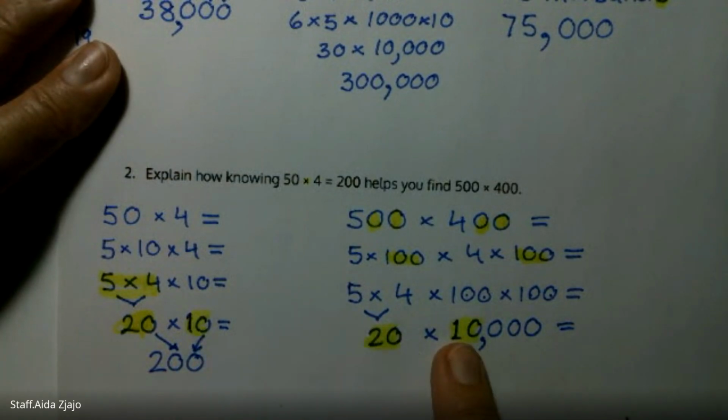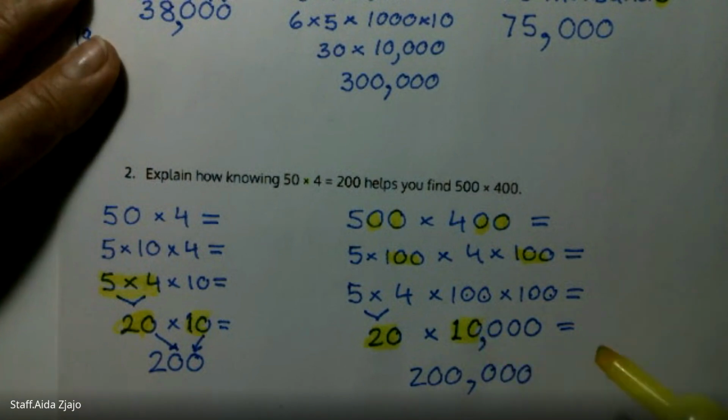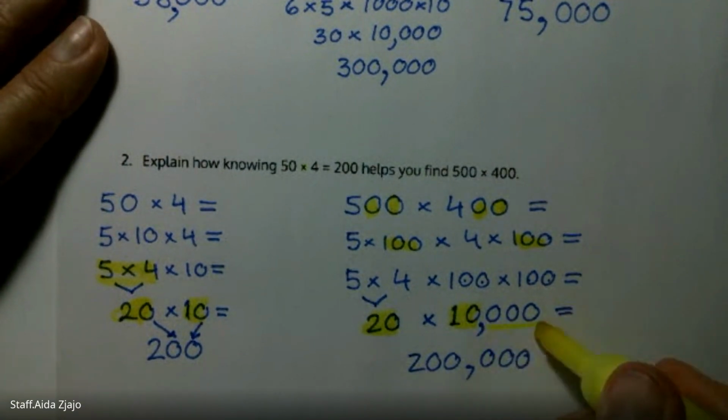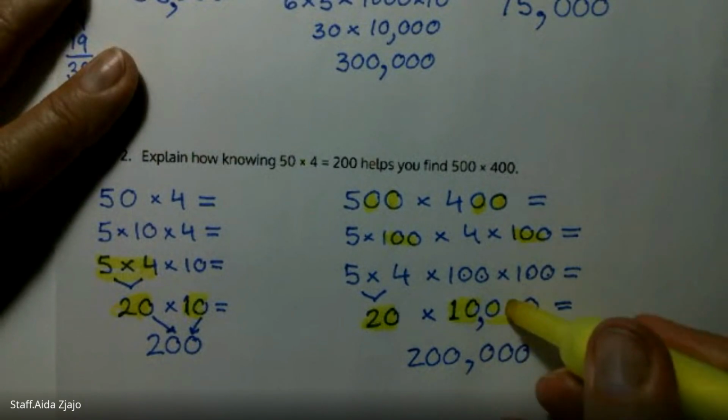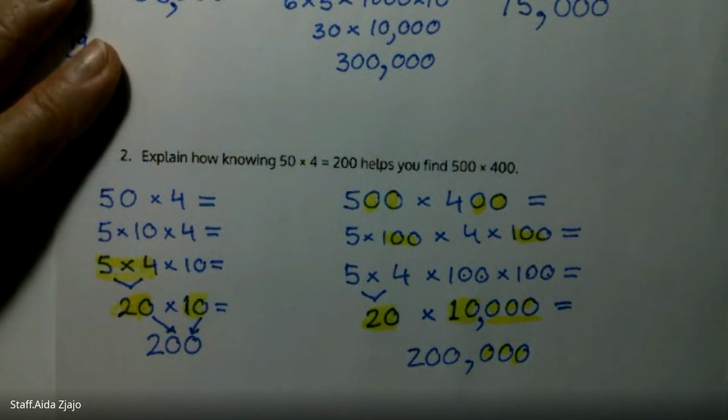This is just 20 times 10, 200, but what they are is thousands, because this is not just a 10, it's a 10,000. So the answer is 200,000.